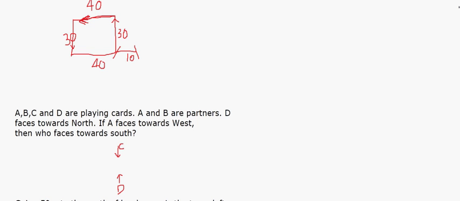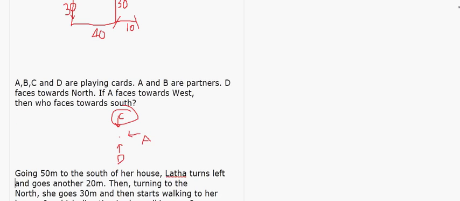So C is facing south. If A is facing west, right? So A is facing west. Who is facing south? So even without knowing A is facing west, we could have said C is facing south. So this again is a very simple question, but you have to understand the concept of directions before solving this.